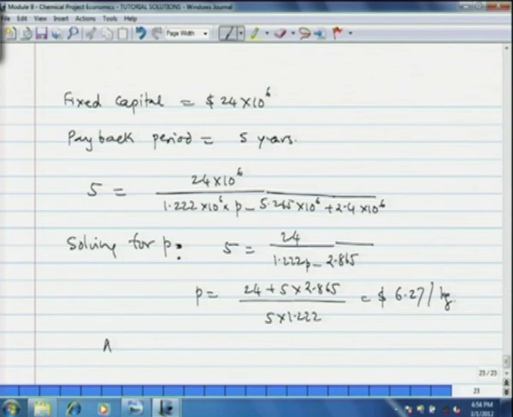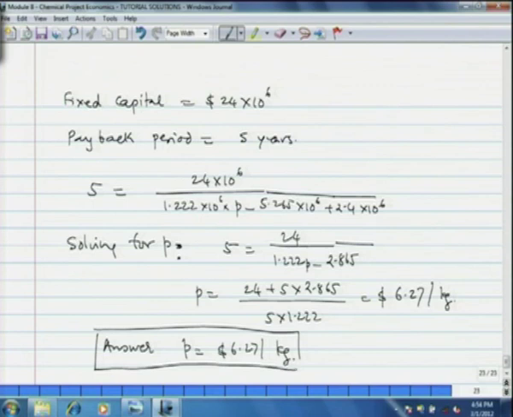So the answer to the second bit is P equal to $6.27 per kg. This is the price of the polymer product for the payback period to be 5 years.